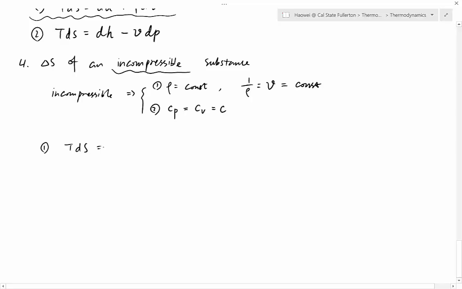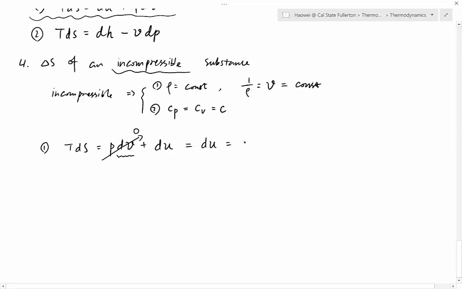TdS equal to Pd nu plus du. And now we can simplify this equation. Why? Because we have derivative of nu, and we know nu is constant. Derivative of a constant is equal to 0, so that's why the first term on the right-hand side goes to 0. What is left is derivative of u.